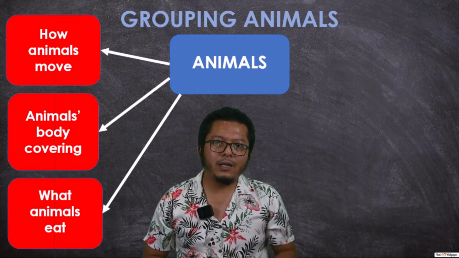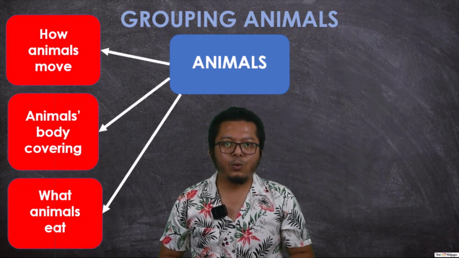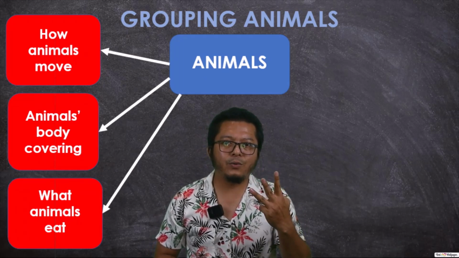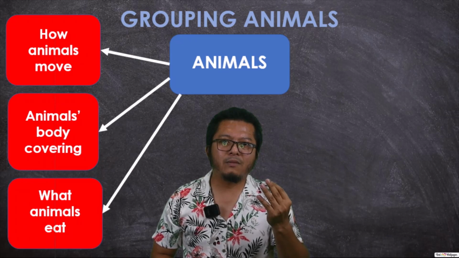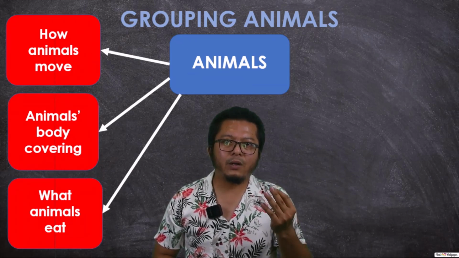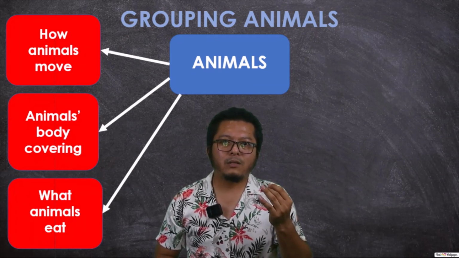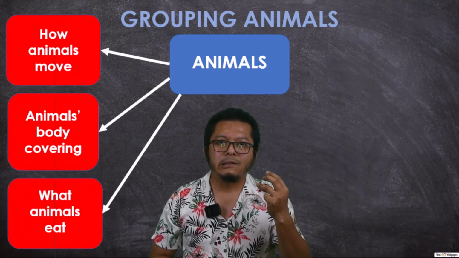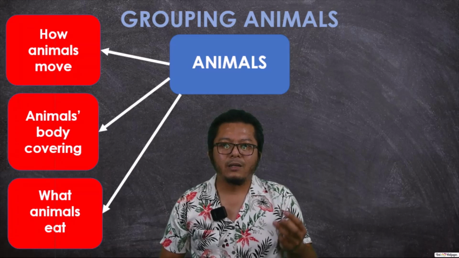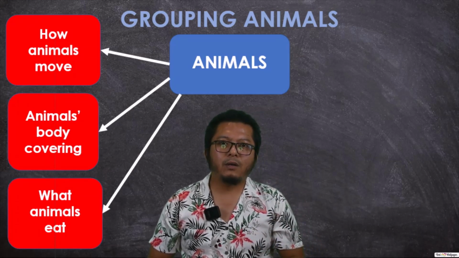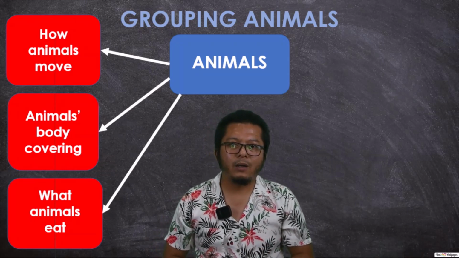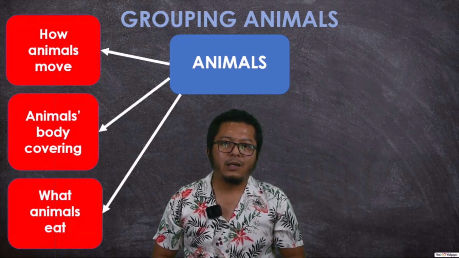Another lesson we have learned is grouping animals by their body covering, which is divided into 3. Some animals are covered in hair or fur, some animals are covered in feathers, and some animals are covered in scales. And another grouping we have learned is grouping animals by what they eat.